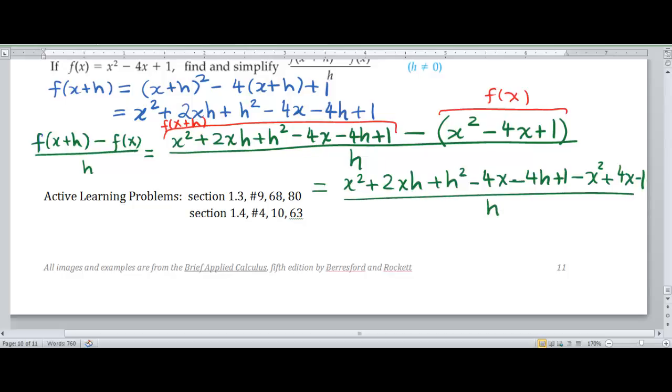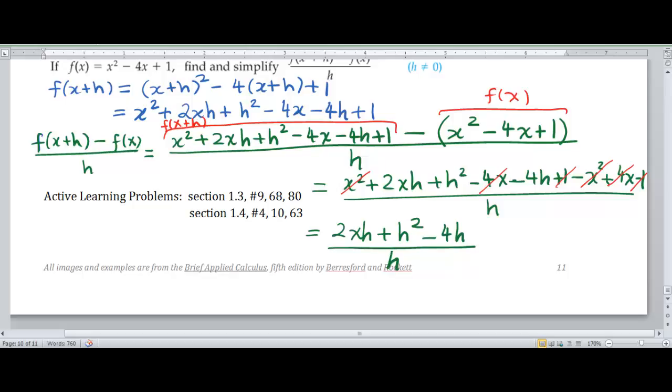Now we can start combining terms. So x squared minus x squared is gone, minus 4x plus 4x is gone, plus 1 minus 1 is gone. So you'll notice that everything that's left over has an h in it: 2xh plus h squared minus 4h all divided by h.